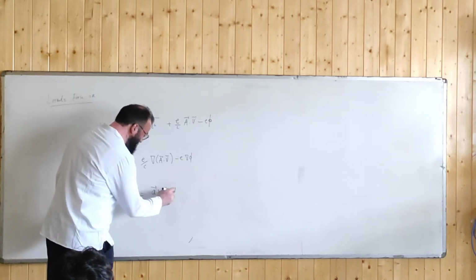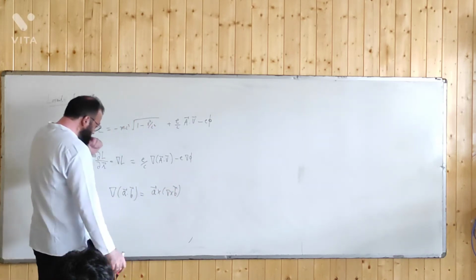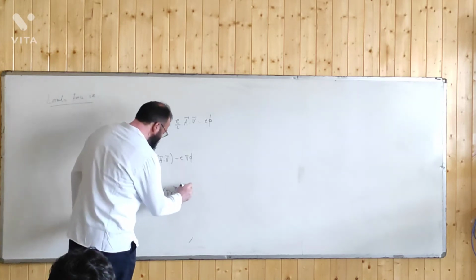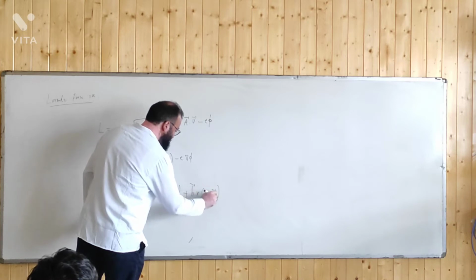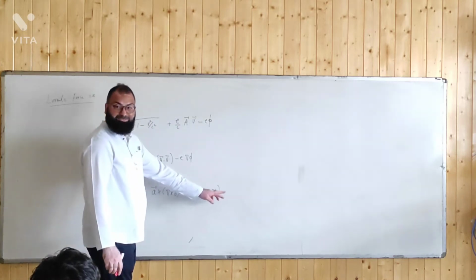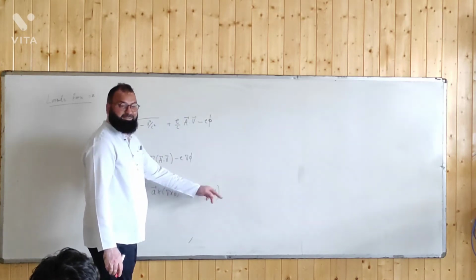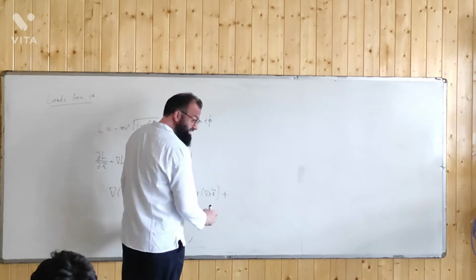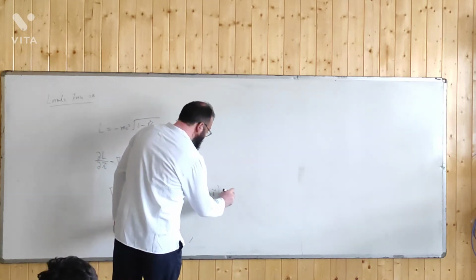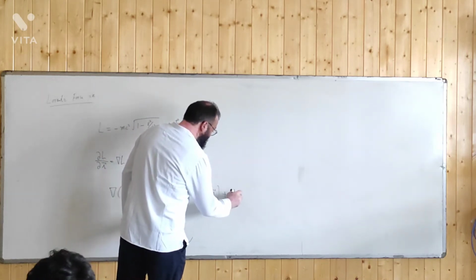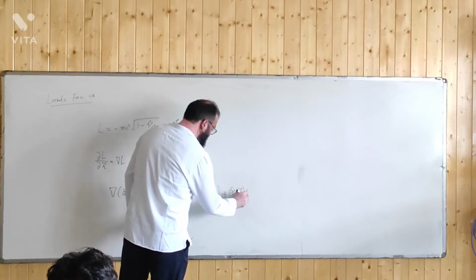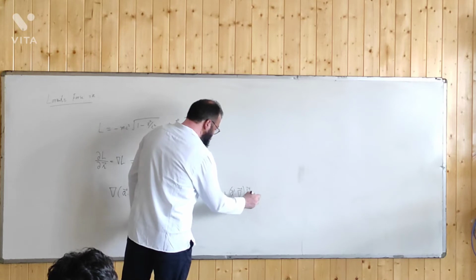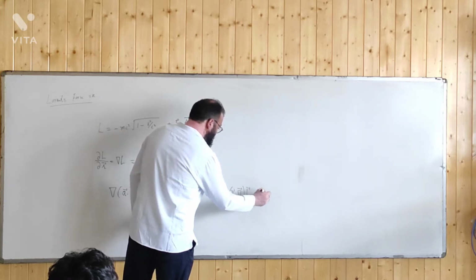A cross curl of B, then plus B cross curl of A. Then A dot del acting on B, what is the sign? Plus, yes. A dot del B, then plus B dot del A.